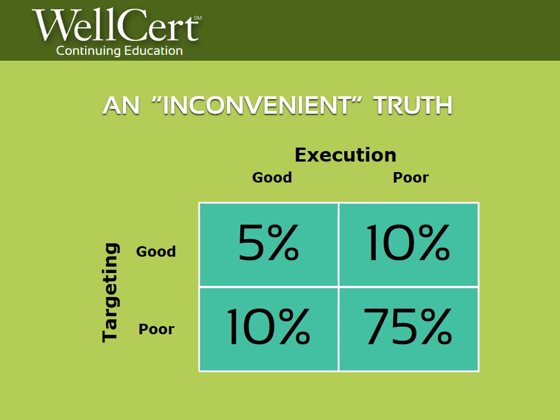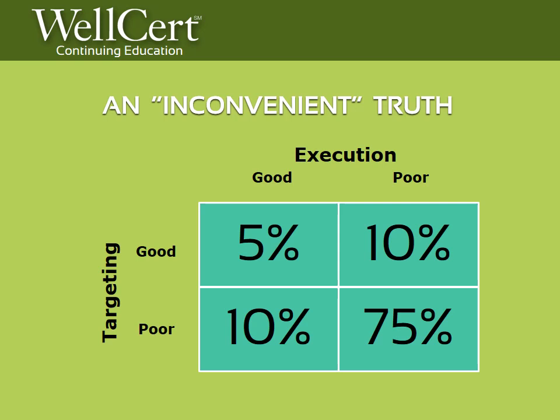And then we've got about 75% of the wellness that's currently going on in American work sites that I think have both poor targeting, meaning that their goals are not aligned with how they're approaching their program, and their execution is pretty poor. It's not adequately funded. The choice of interventions is not appropriate.